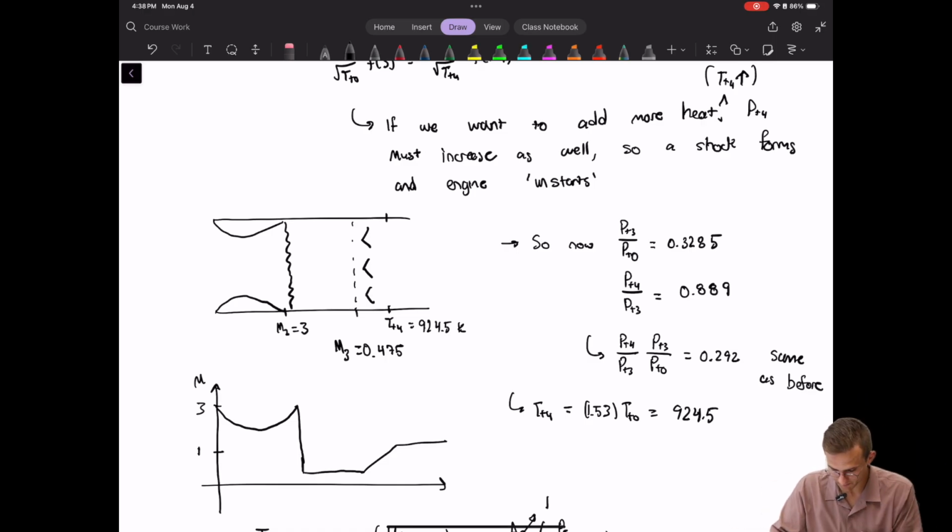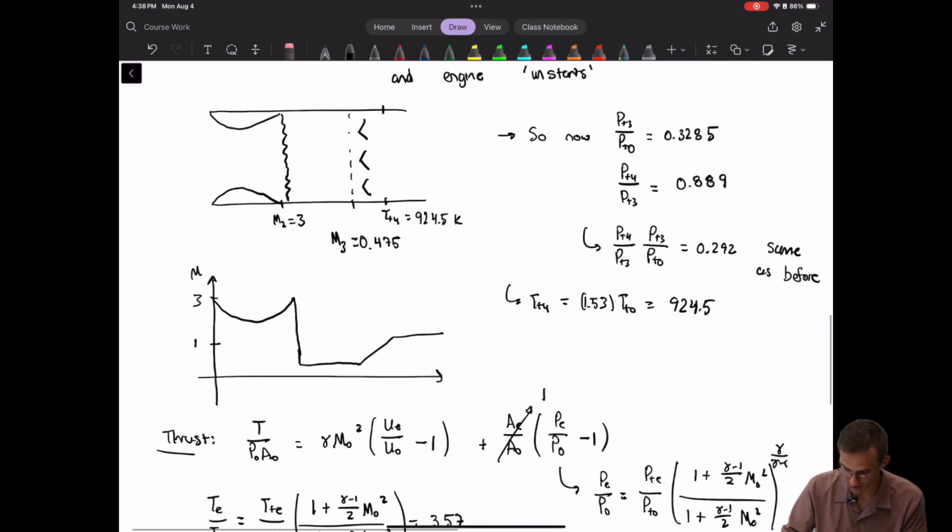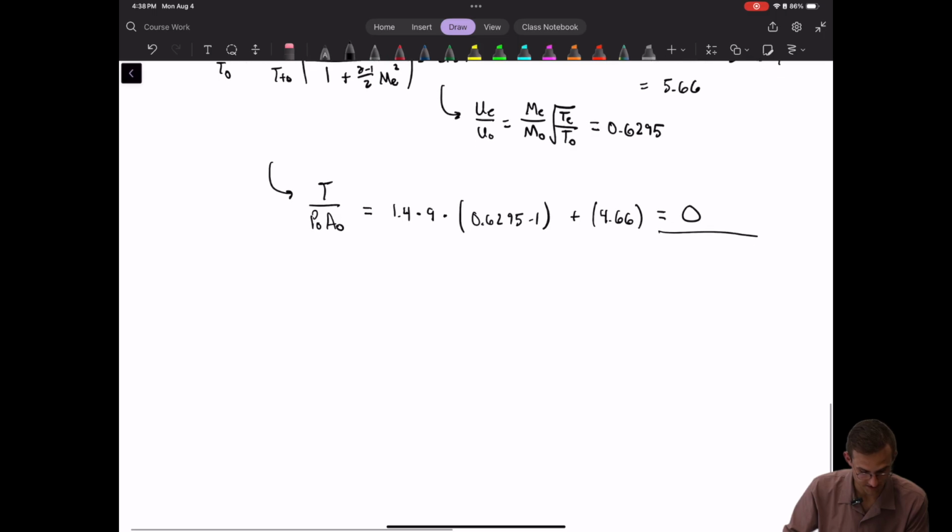And so what we can do is try to decrease the minimum area of the diffuser further, so that we're actually slowing down the flow more with the diffuser upstream of the burner than doing it with an actual shock, which is where a lot of the losses are coming from.